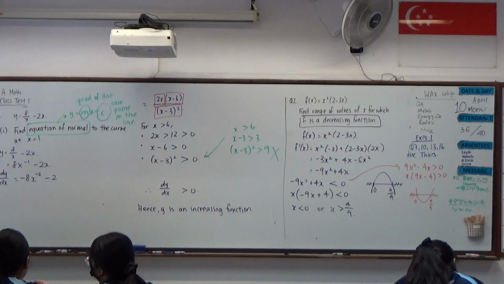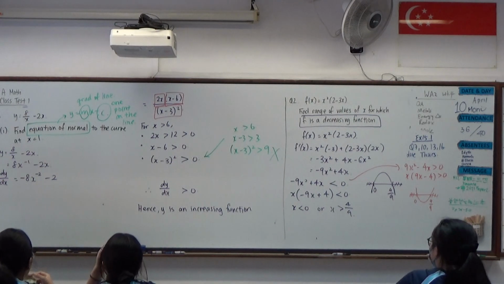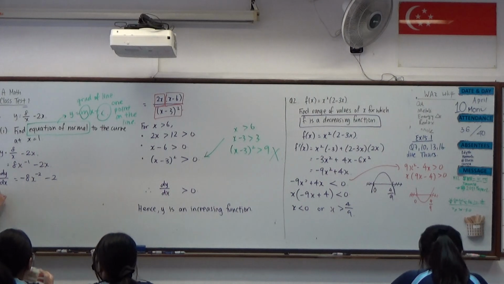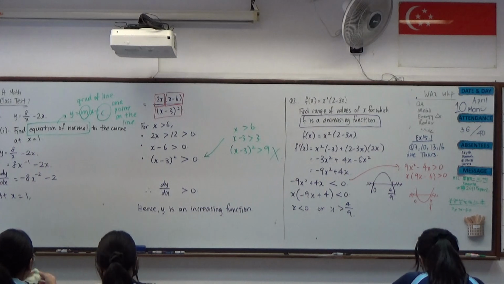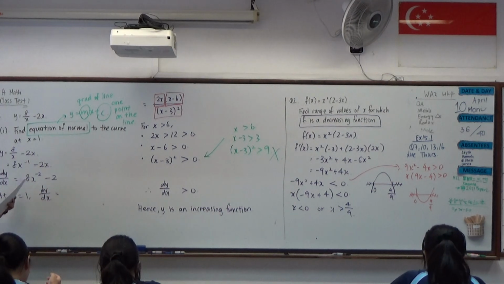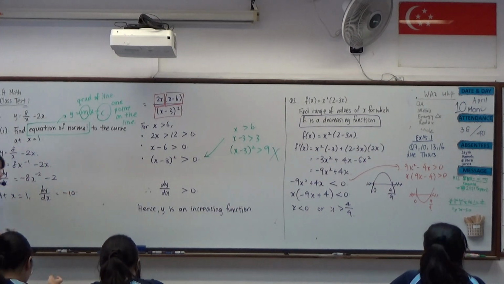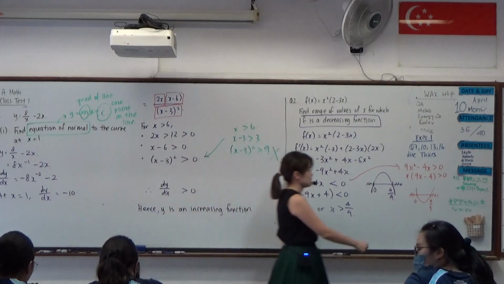So with dy over dx equals to this, it will help us in finding the gradient. Since we're looking at the point x equals to 1, our dy over dx value will come out to be negative 10. But negative 10 is the gradient of the tangent, not the normal.